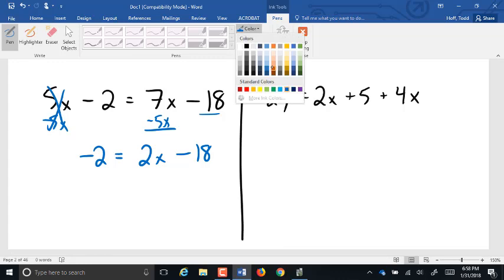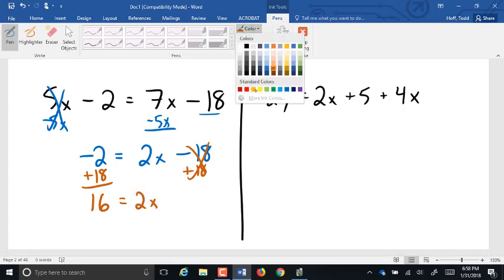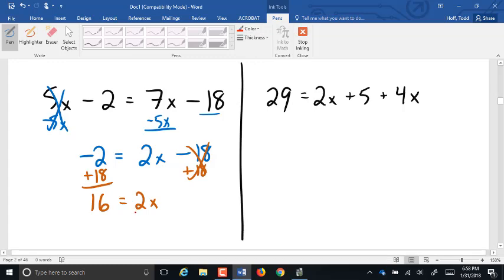And then we add 18. We start to take it apart. Negative 2 plus 18 is 16. We still have 2x on the right side, and then we would divide by 2. 8 equals x, or x equals 8.